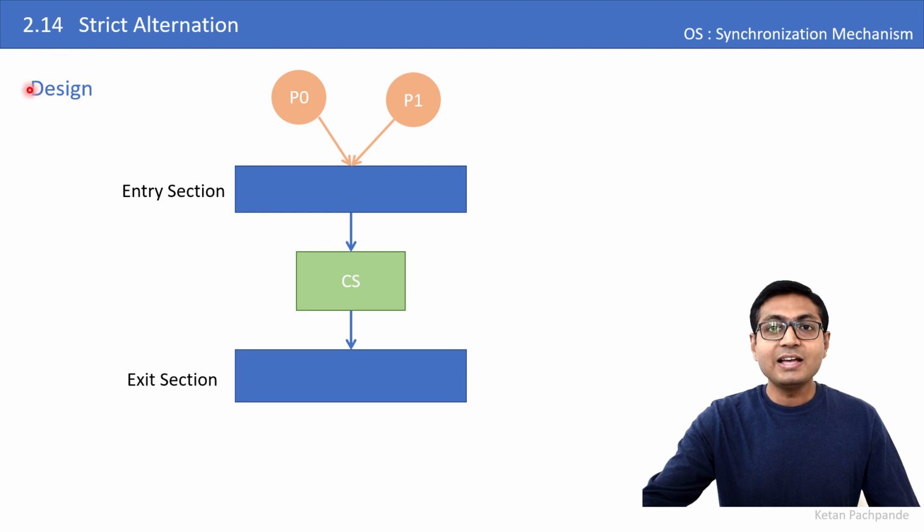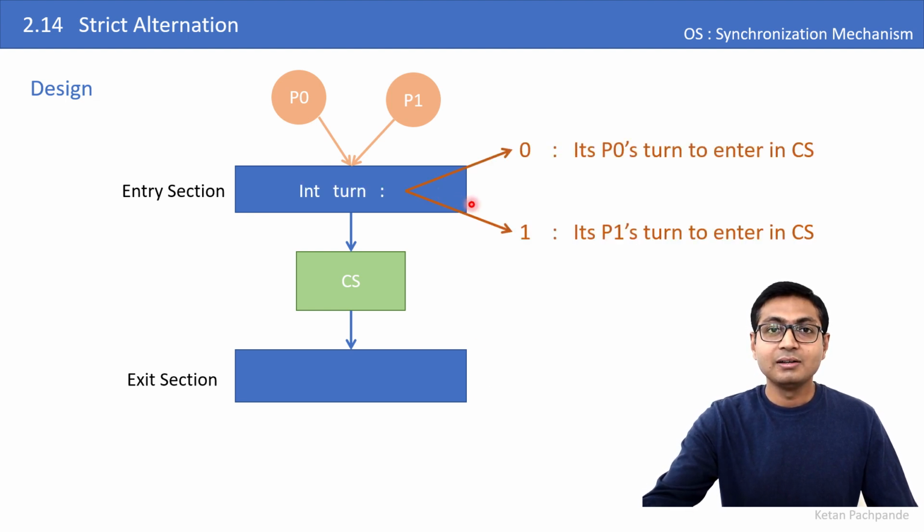So let's look at the design of this strict alternation mechanism. We are going to first write the entry section logic, followed by the critical section, and again the exit section. In the entry section, I am going to take one integer variable called turn.